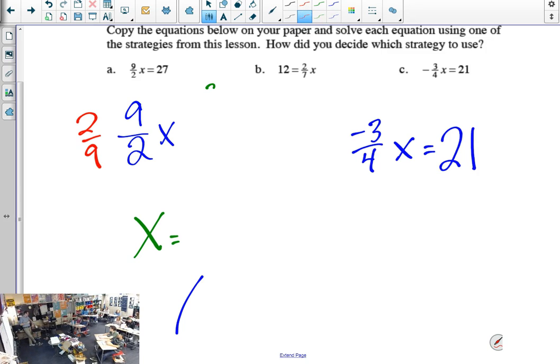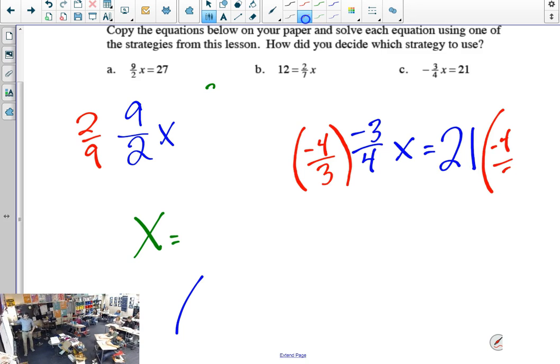Tyler, what do we multiply by here? We multiply by negative 4/3. Why? Because the reciprocal would be switching the 4 and the 3 but keeping the negative.